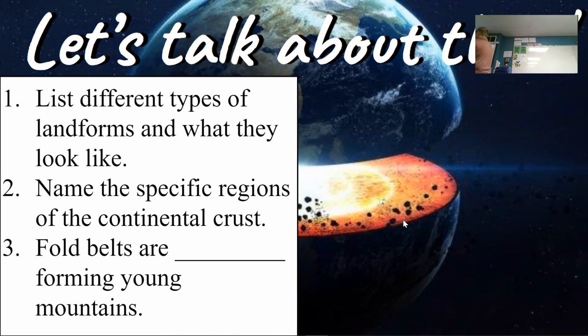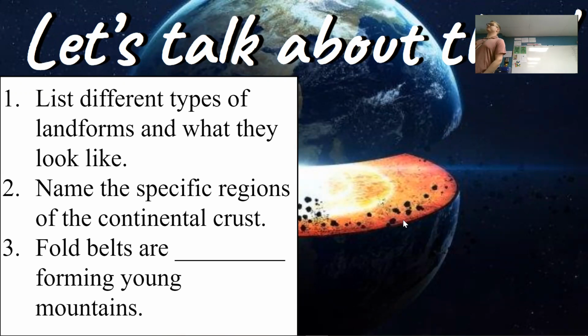Okay, so with that said, number 1 says list different types of landforms and what they look like. So who can tell me where landforms would fall under? Would they fall under the crust, the mantle, the outer core, or the inner core? Lila? I would guess mantle.